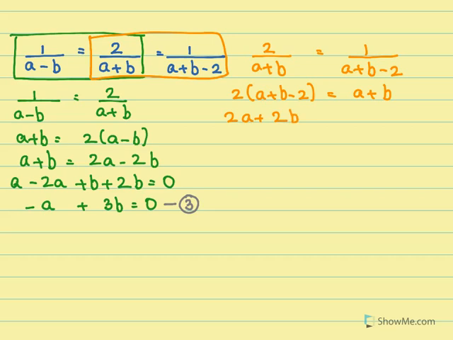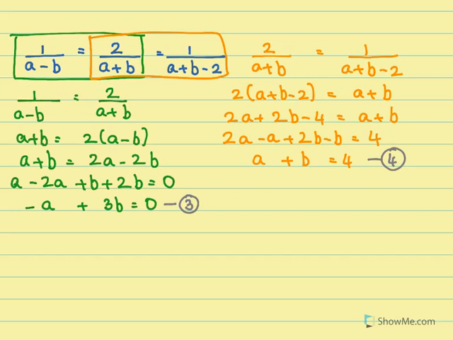Open the bracket, 2a plus 2b minus 4 equal to a plus b. Take all the a terms together, 2a minus a plus 2b minus b, and the 4 on the other side becomes plus 4. 2a minus a is a, and here we have b equal to 4. So this becomes equation 4.